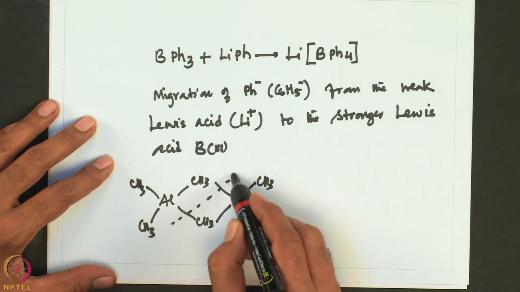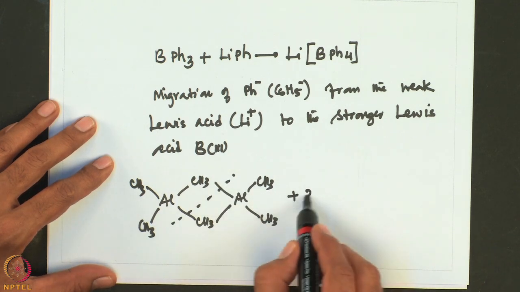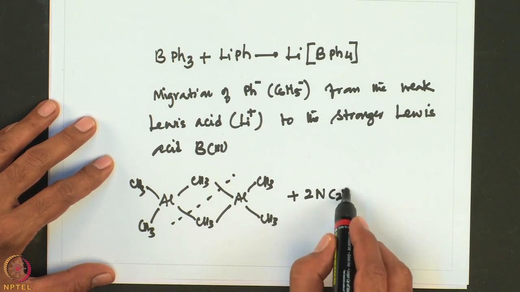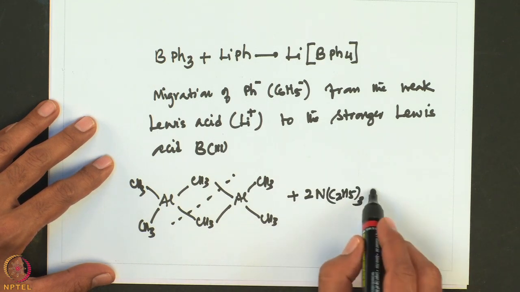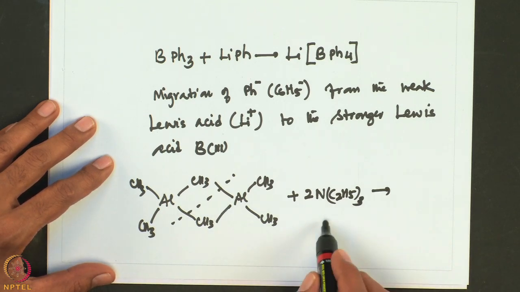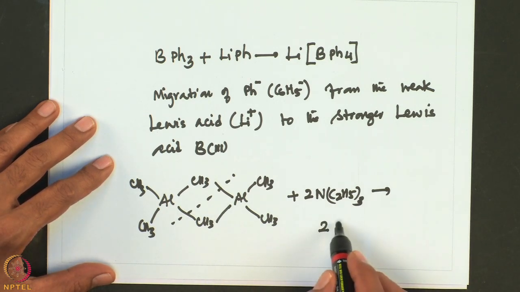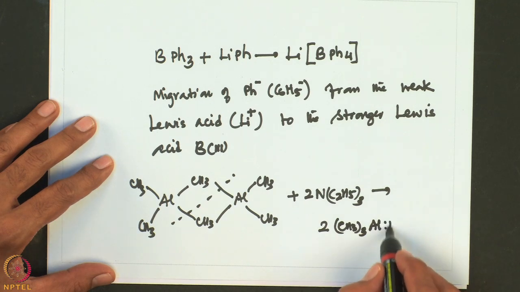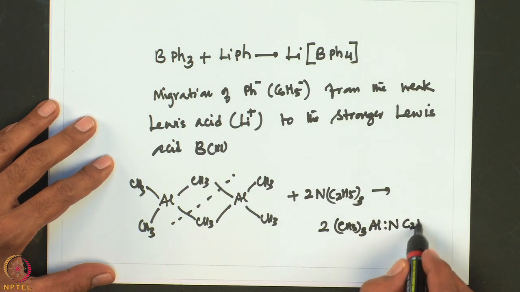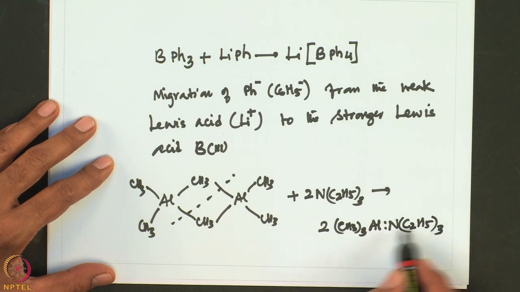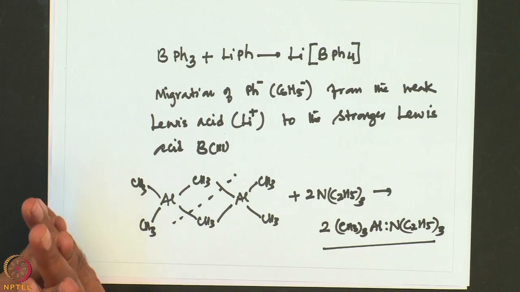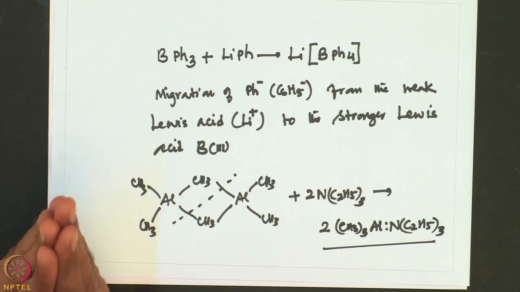Bridge breakage takes place across, and if two equivalents of triethylamine are added, it leads to the formation of two adducts. So, this is how the adduct is formed here. Electron deficient organometallic species essentially perform as Lewis acids.